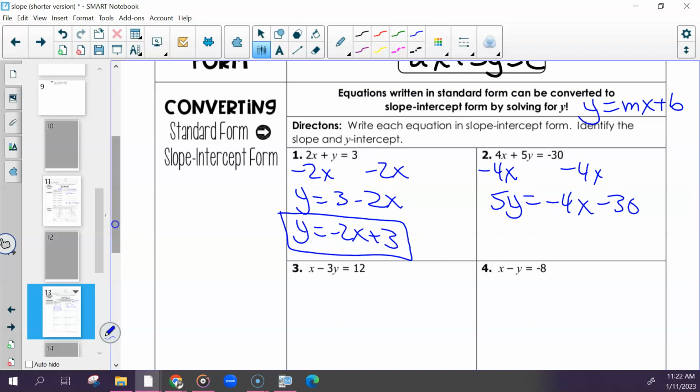Yeah, so here we really want to make sure we're dividing each piece by that number so that everything simplifies. So we have y equals, simplify your slope, don't put it as a decimal. If it can't be simplified, just rewrite it.